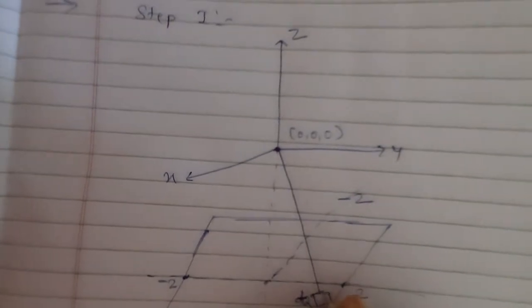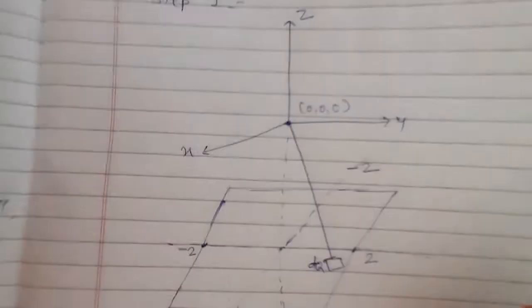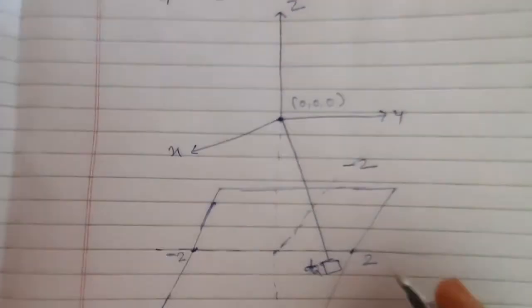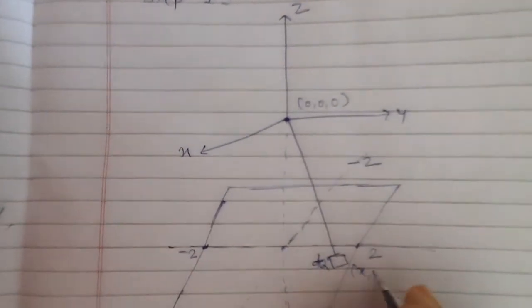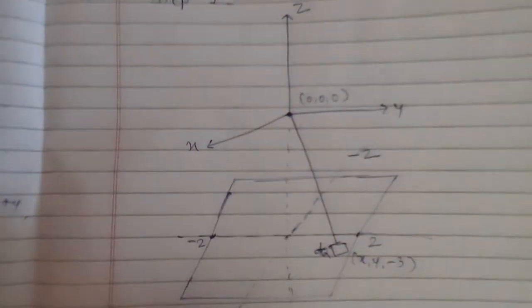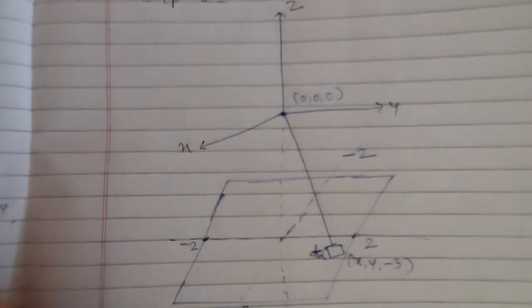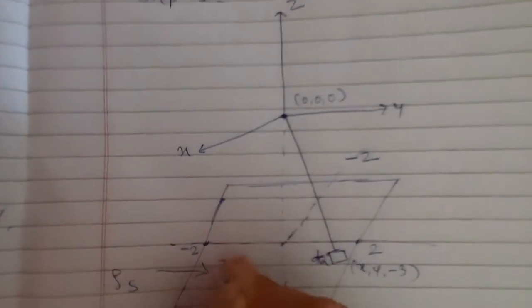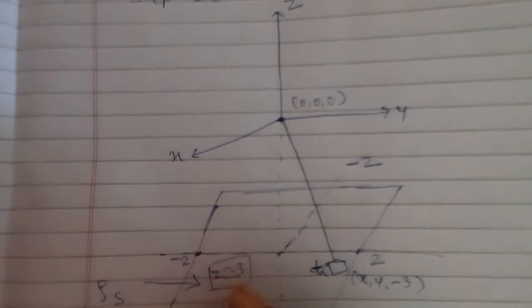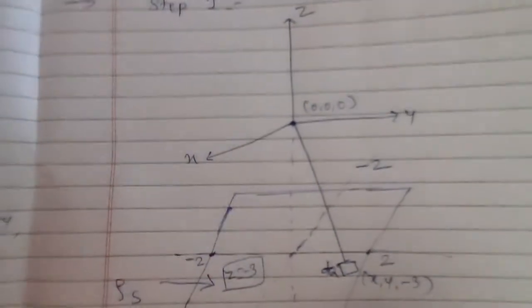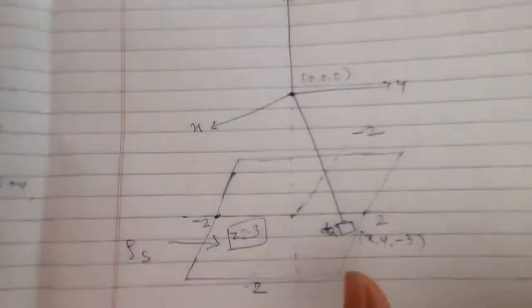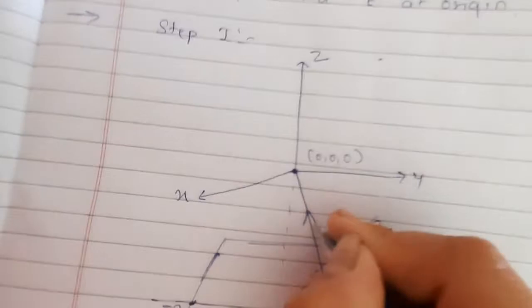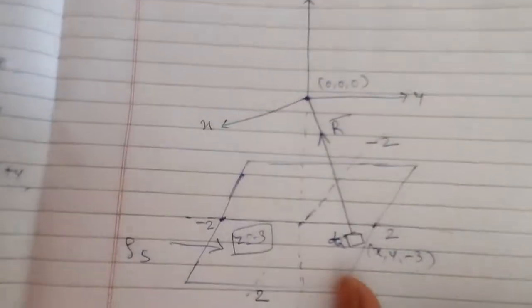This is the small charge dq. And this is the vector r bar from dq to the point of origin.